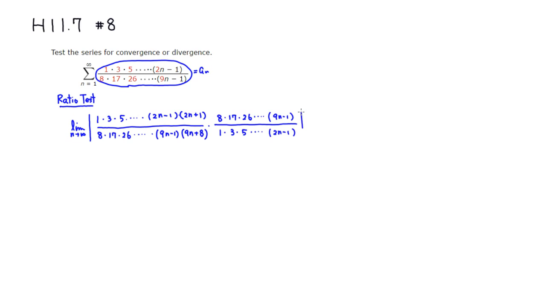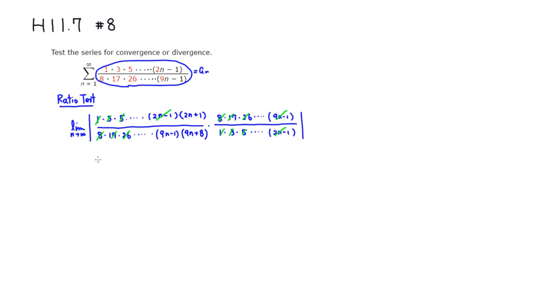All right, so we have that. Then we can cancel a bunch of things. We can cancel 1, 3, 5, all the way to that factor, and 8, 17, 26, all the way to 9n minus 1.